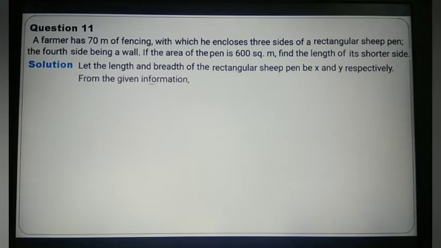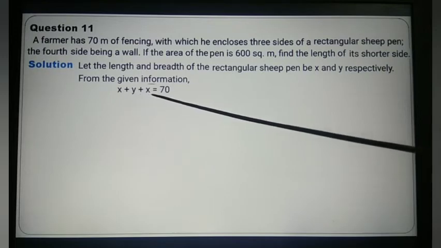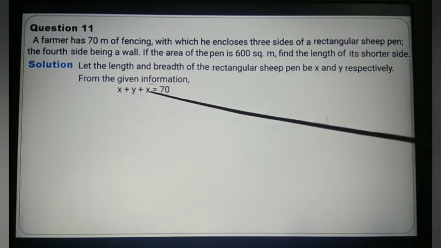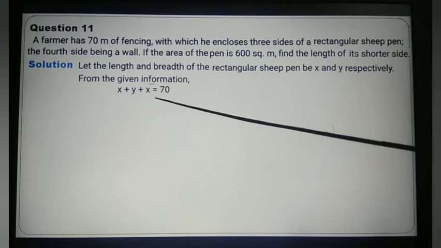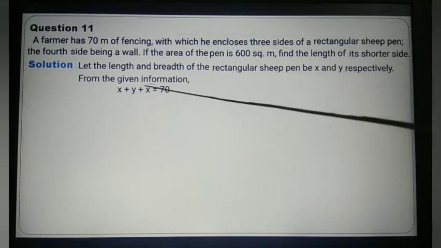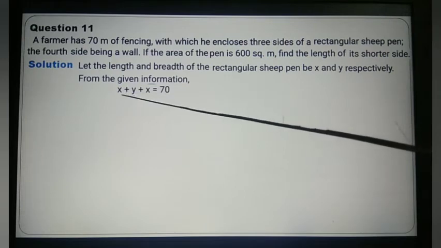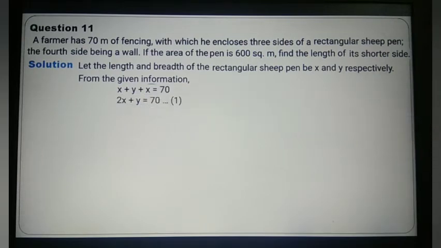From the given information, since one of the sides is left because it is a wall, I should have x plus y plus x. For example, I am leaving the side whose length is y, so that part is going to be my wall. So x plus y plus x gives me 2x plus y equals 70, right?